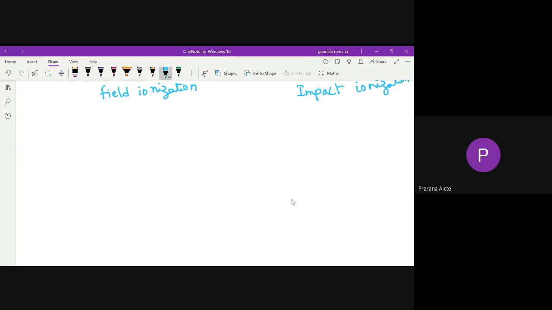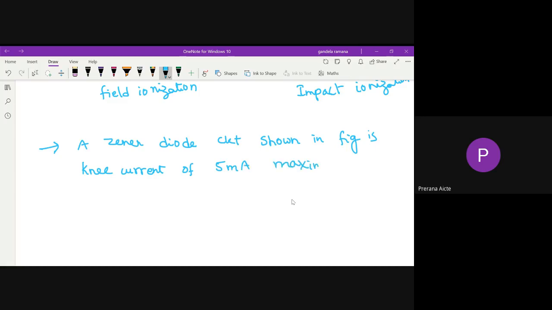So according to the Zener diode problem, a Zener diode circuit shown in the figure has a knee current of 5 milliamperes, maximum allowed power dissipation 300 milliwatts.